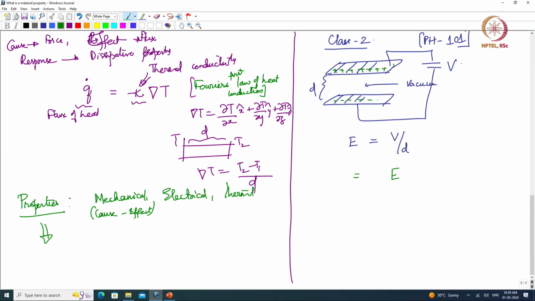So we know that the charge that I put, given as the displacement vector D, is nothing but Q by A, where A is the area of the parallel plate. It is charge per unit area, and it equals epsilon naught times E, where epsilon naught is the vacuum dielectric constant.